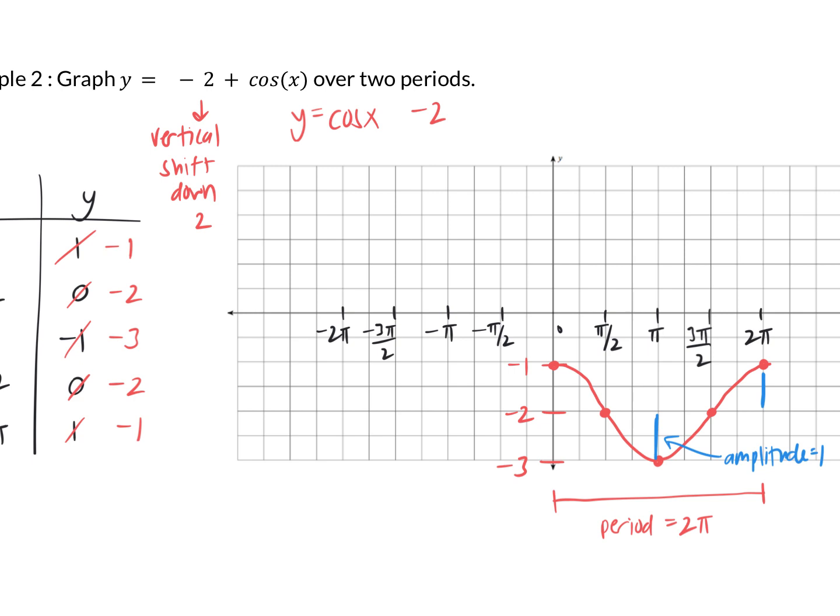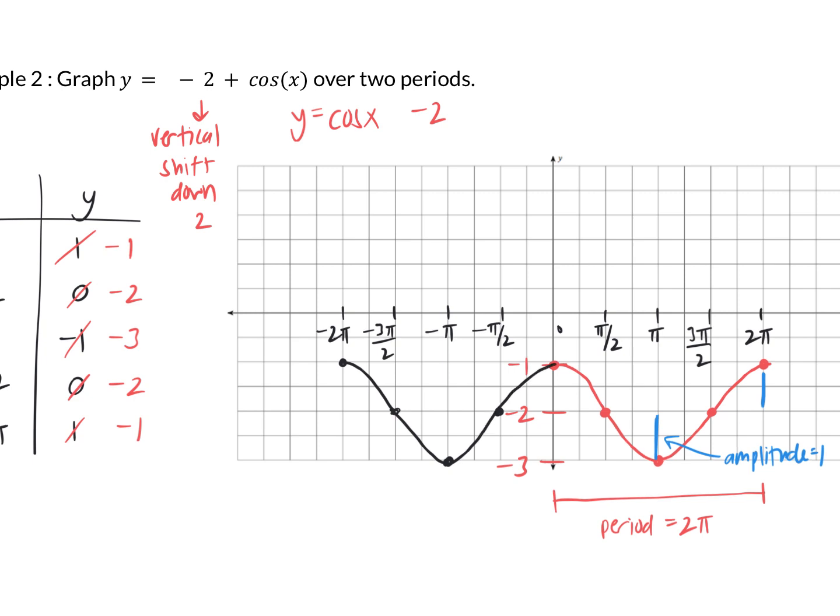So at -pi over 2, we are at -2. At -pi, we're at -3. At -3 pi over 2, we are at -2. And then at -2 pi, we are at -1. So I can connect all these points here.